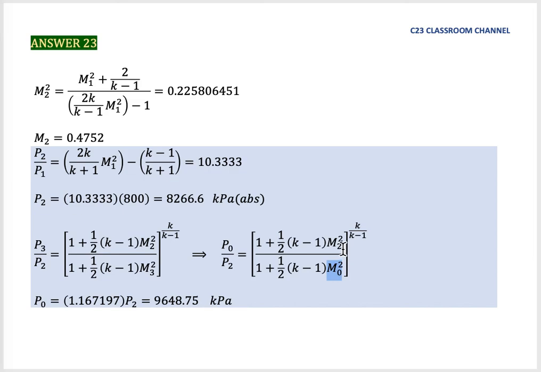The value of M2 is 0.4752. We solve this equation, and we get that P0, the pressure at the stagnation point, is equal to 9,648.75 kPa absolute.